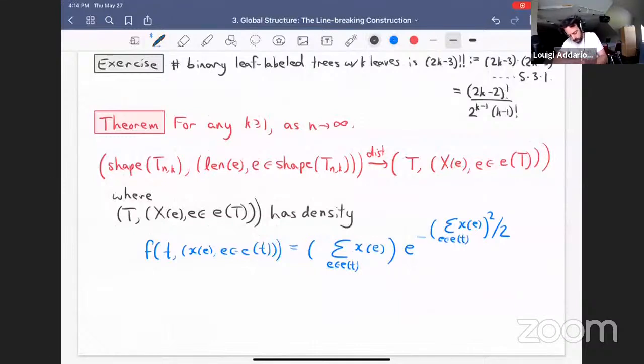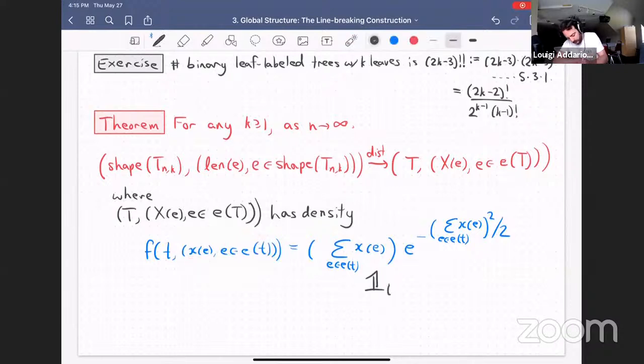And then, what do I need for this to make sense? There's content in the next thing I'm going to say. The density has this term which relates more to the joint density of the weights.